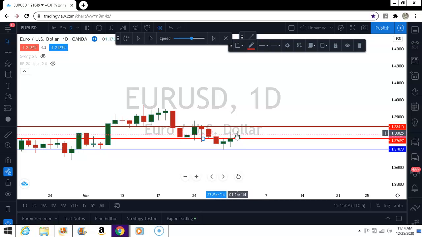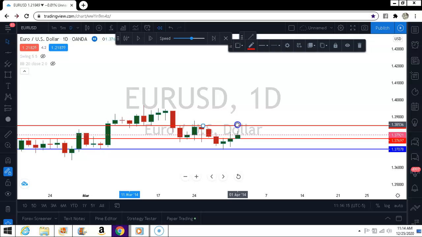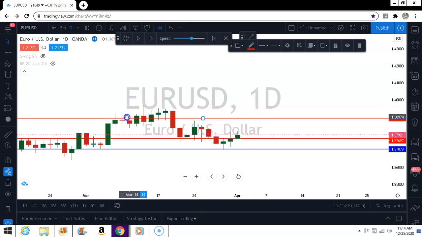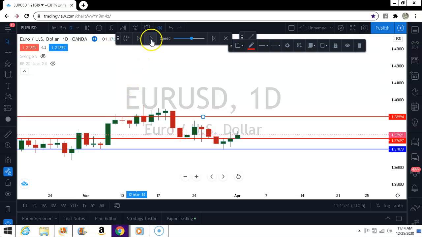Yet we are still below this point right here. So we haven't come to this point yet. I'm not going to call it, because price could go up and break this point and close above it. If it does, it's not going to close above this area right here. It's going to stay below that area.